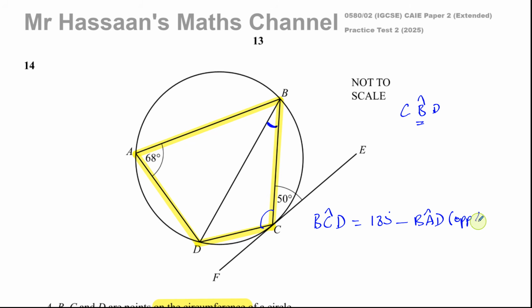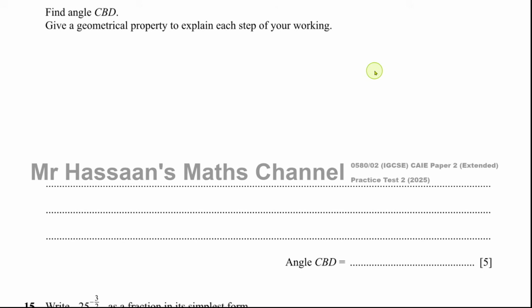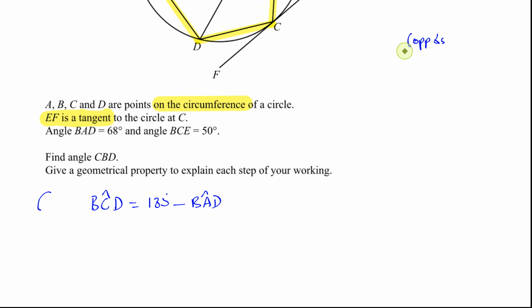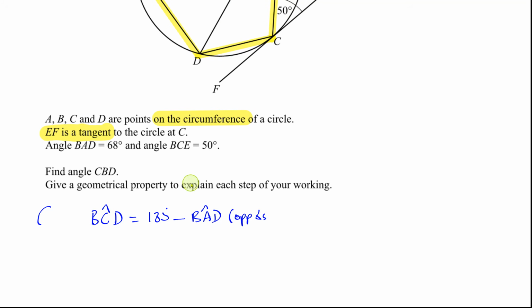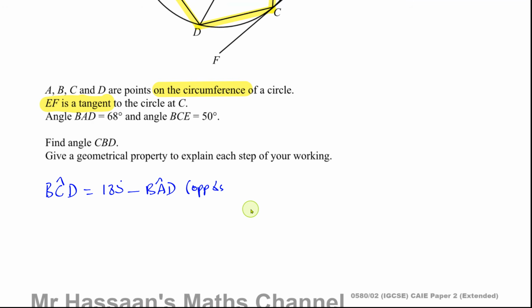Now I'll just take this down. Opposite angles in a cyclic quadrilateral are supplementary.